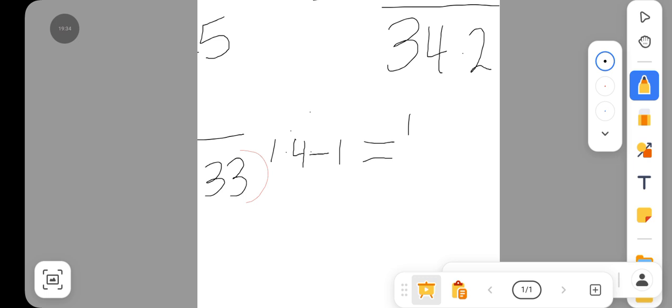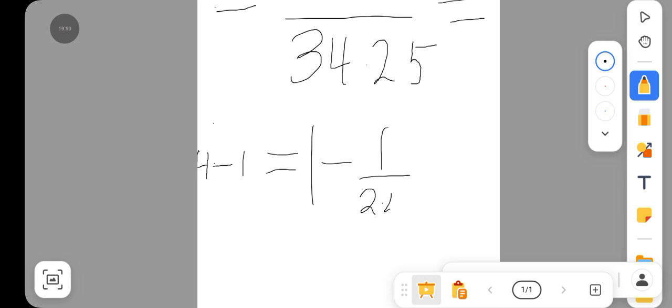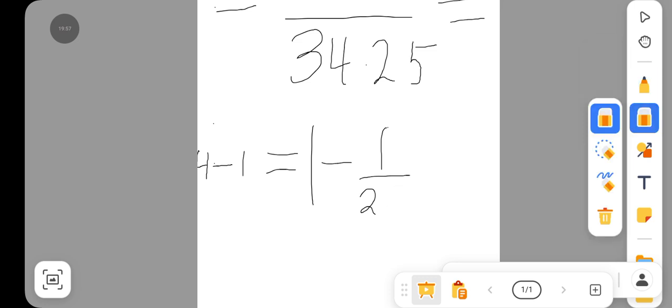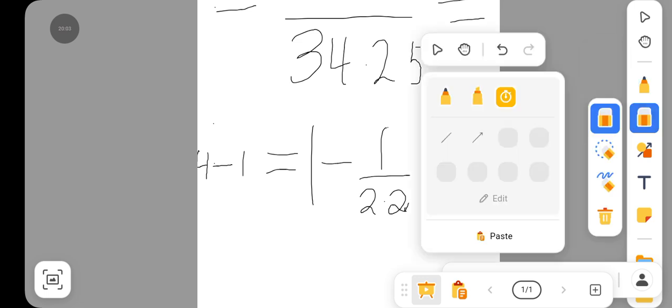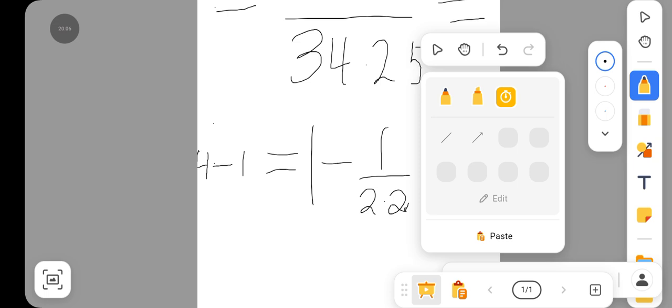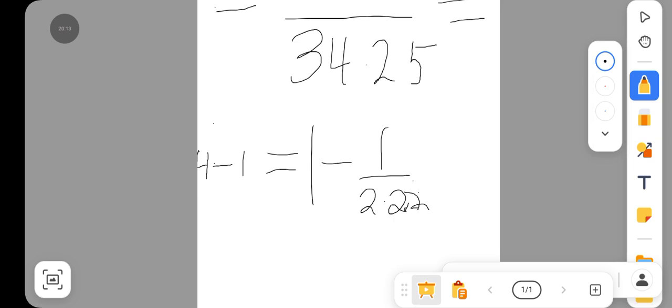1 minus 1 over 2.218. So this is going to be 1 minus 1 over 2.22.